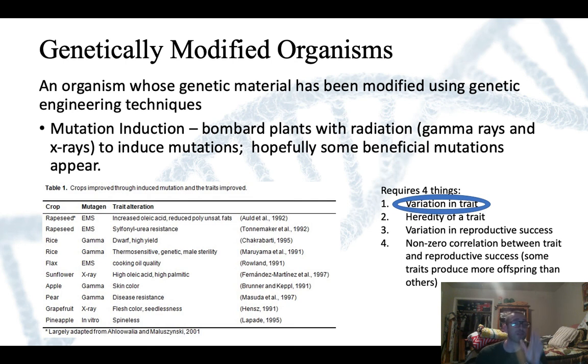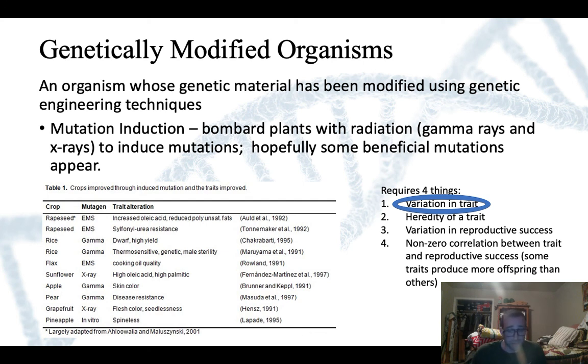So initially, one of the first techniques is that we would just bombard our plants with radiation, right? We would shoot gamma rays at them, X-rays at them, and those rays will induce mutations. It's why X-ray techs have that big lead shield, to prevent those X-rays from impacting their cells and producing harmful mutations over time.